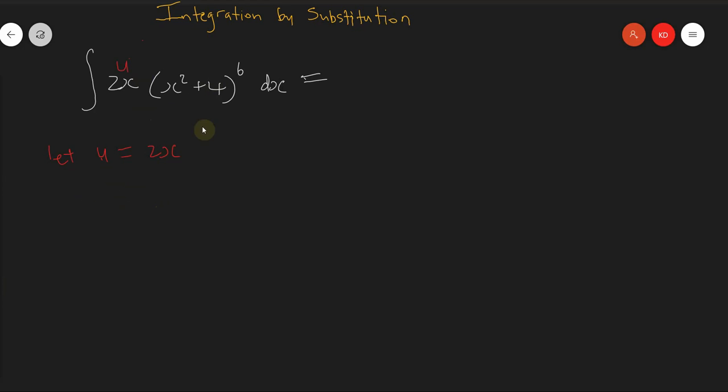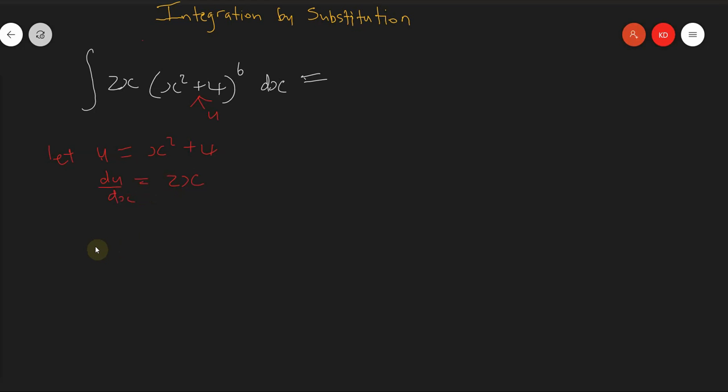So therefore the appropriate substitution to make here would be to let u equal x squared plus 4, because we would replace x squared plus 4 with u, and also now we would need to replace 2x and dx. But if we differentiate u with respect to x, we realize that we get 2x, right?